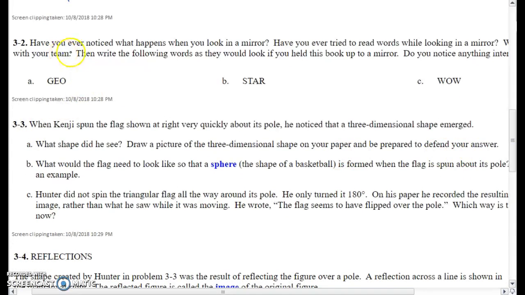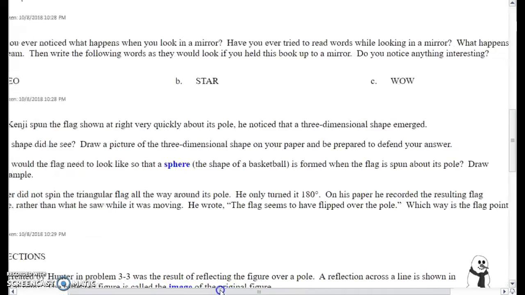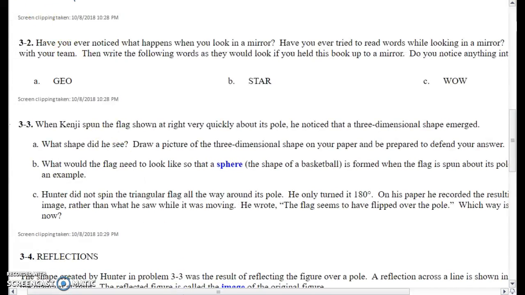Now, moving on to question 2. Something you want to ask yourself is, what if you were to hold something up to a mirror, specifically some words, and what would those words look like? Would they change their appearance? If so, what would they now look like? So we're going to do that with 3 words.